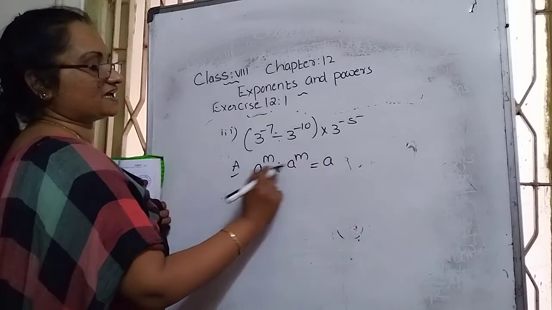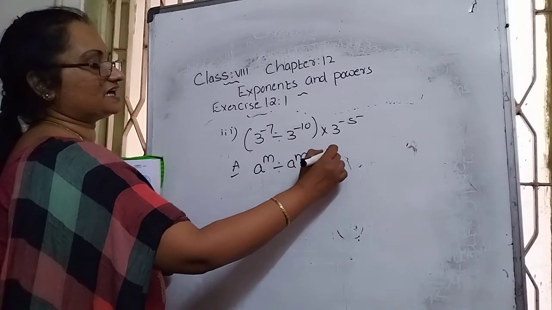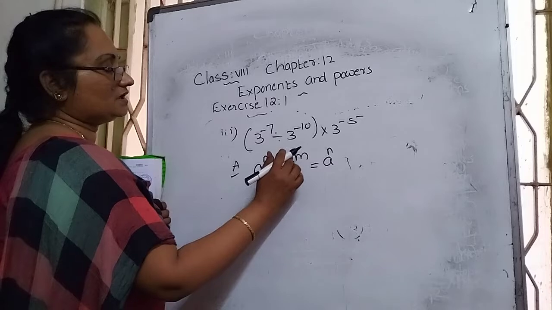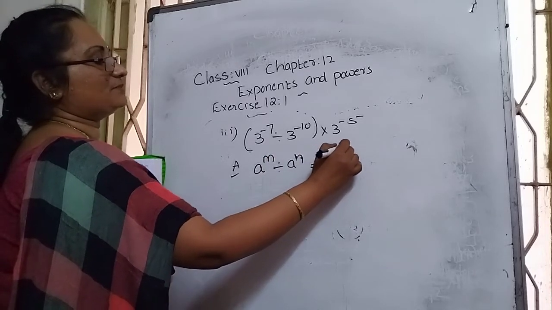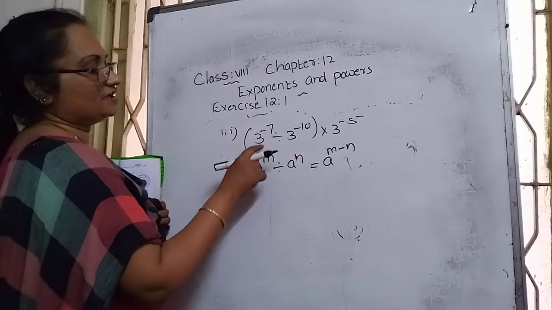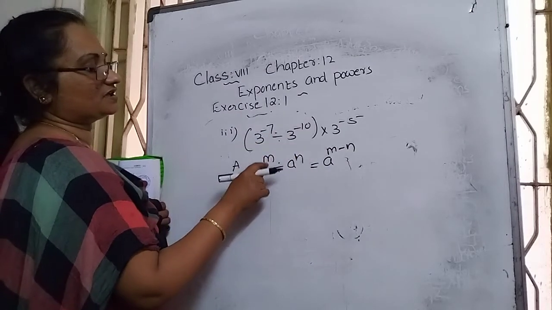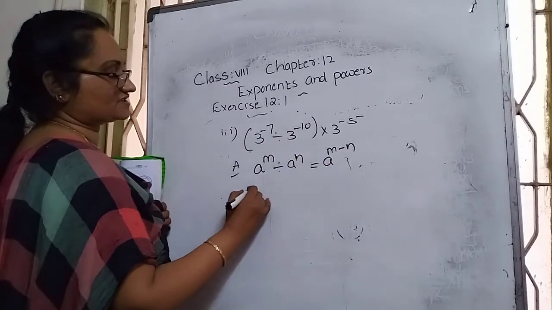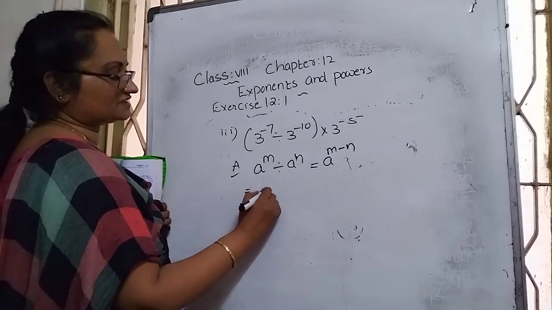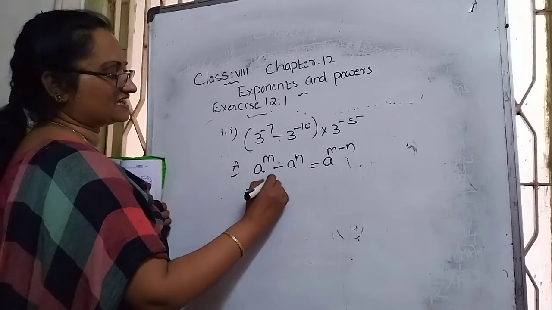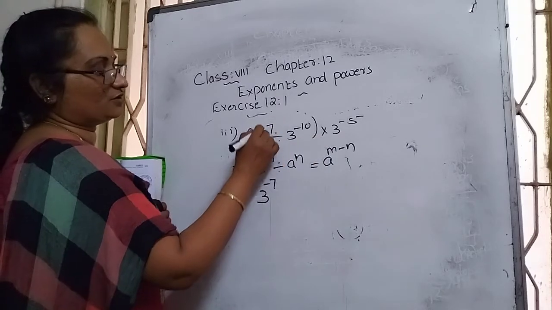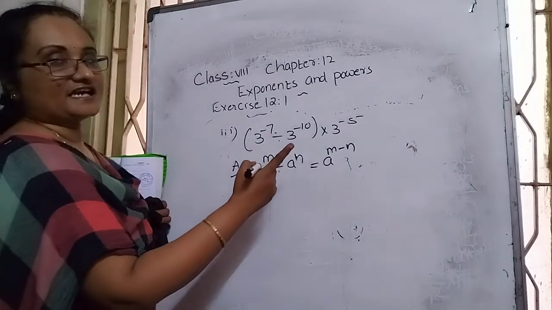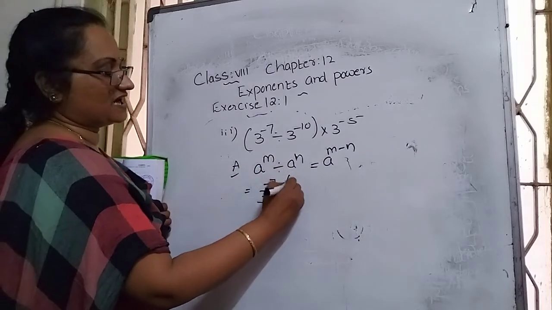Same base means write the base one time, and powers are subtracted. So it is equal to base 3, with powers m value and n value subtracted. The m value is minus 7, the n value is minus 10.